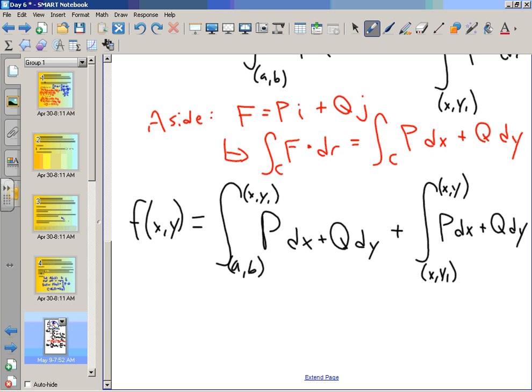Okay. So here, for this funny looking equation, what in the world can we do with it? You're on the right track.